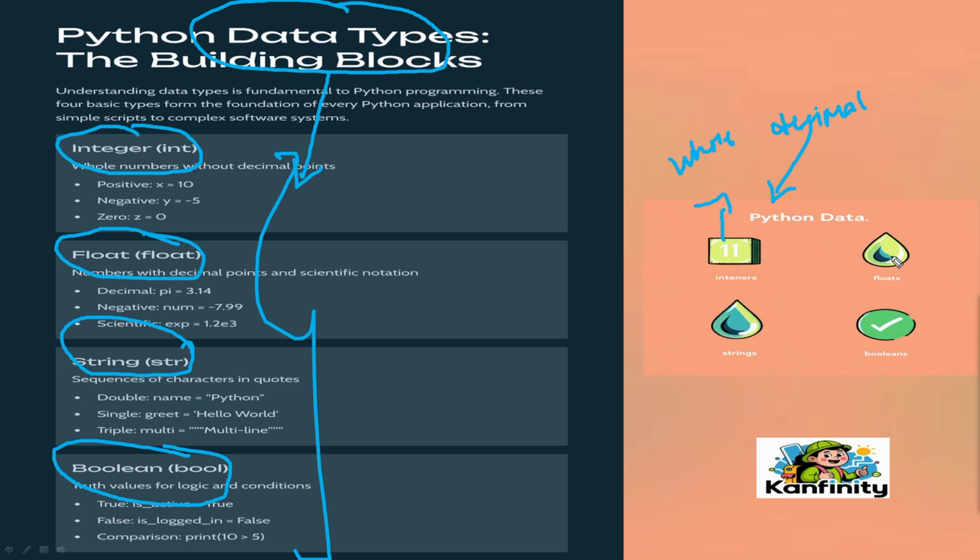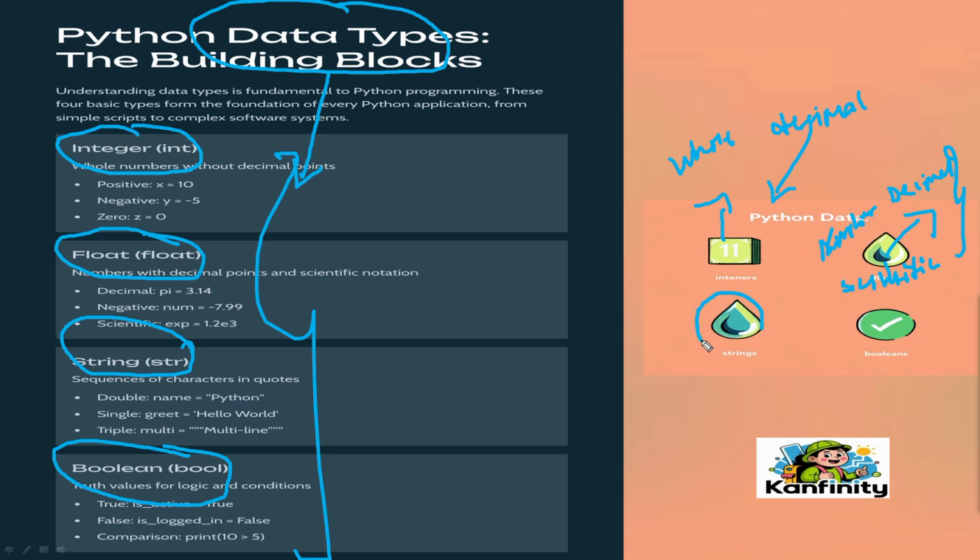Then when it comes to the float data types, here we can have numbers with decimals and also some scientific notations. Scientific notation is nothing but mathematical expressions that we are going to execute under the float.